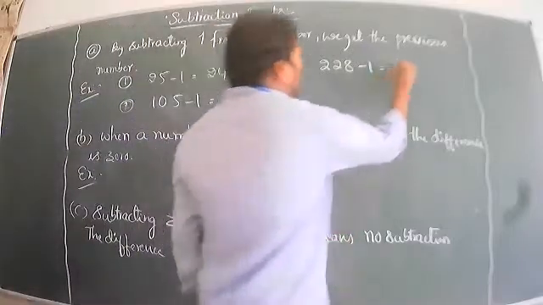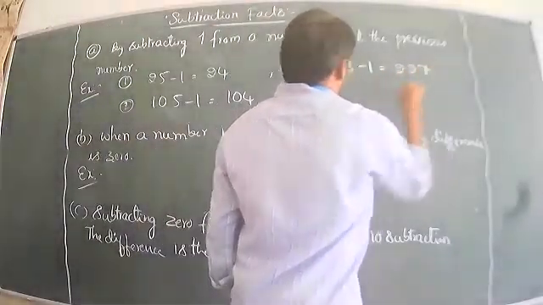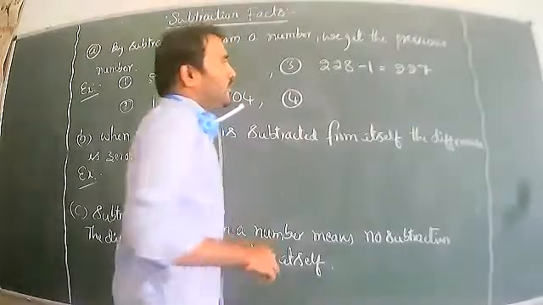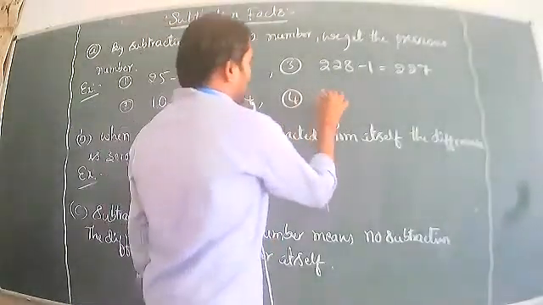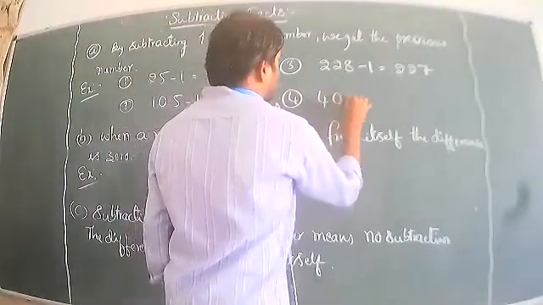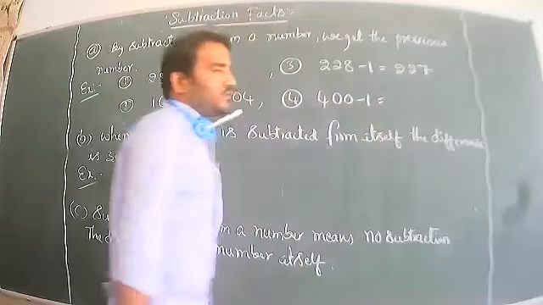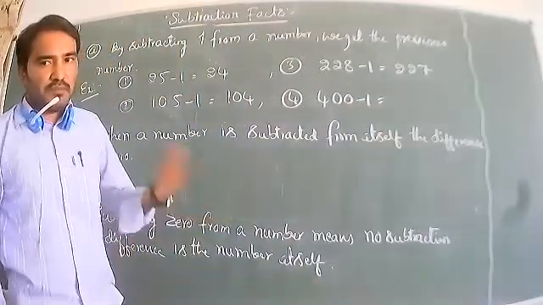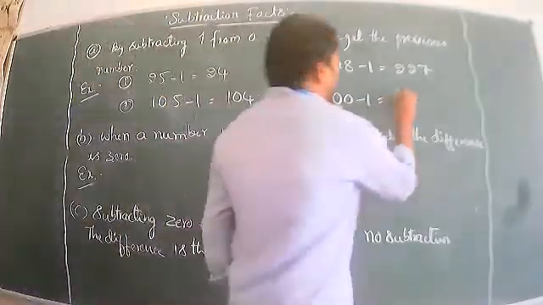It is 104. Third example, 228 minus 1. The answer is 227. Fourth, last example, 400 minus 1. What is your answer? The number before 400 is 399.